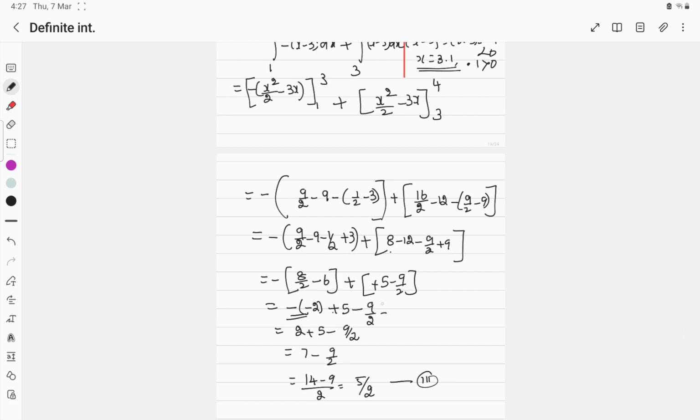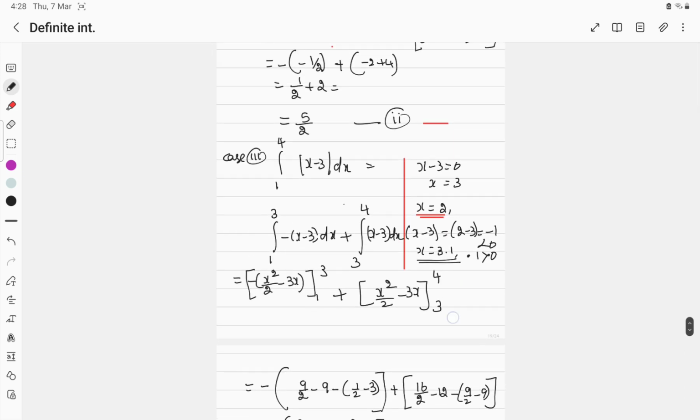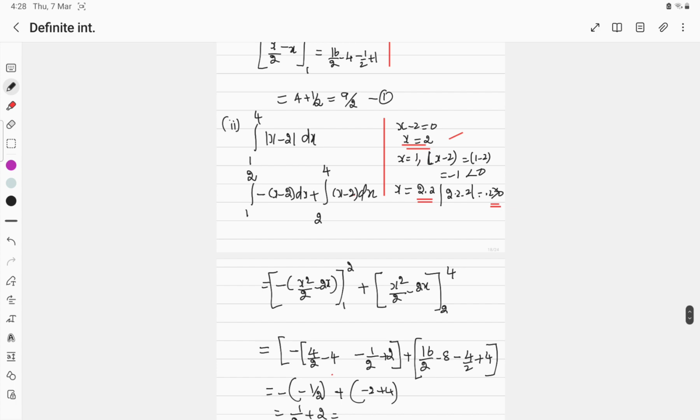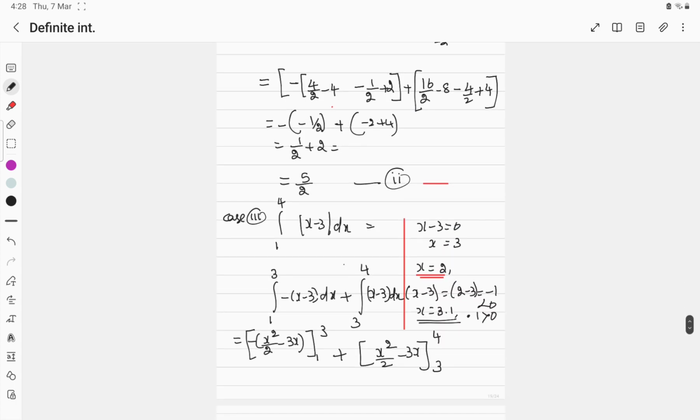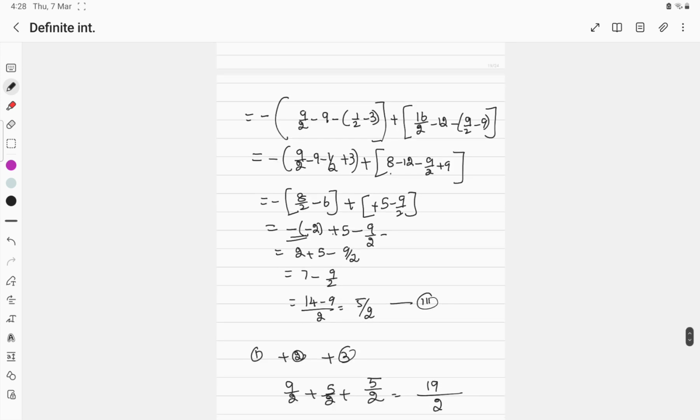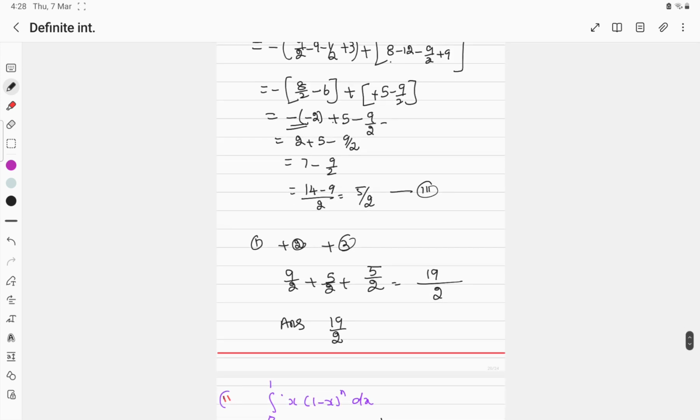Here 5 minus 9 by 2. On solving, we get 5 by 2. Here first part we get 9 by 2. Second part we get 5 by 2. Third part we get 5 by 2. So adding, we get 19 by 2.